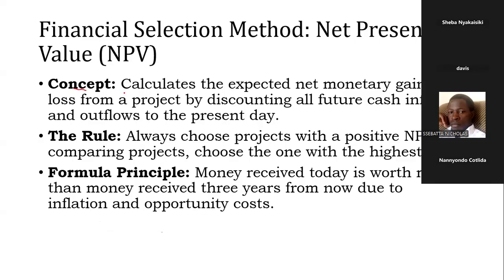Here the concept is you calculate the expected net monetary gain. To take an example, when Zivasti came, they must have presented to management a net monetary gain that if you set up this system, previously you've been making losses of up to this amount, but we're now reducing this by maybe 90%. That's a monetary gain.